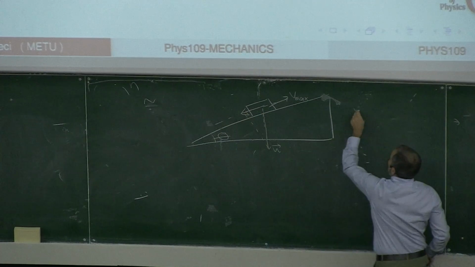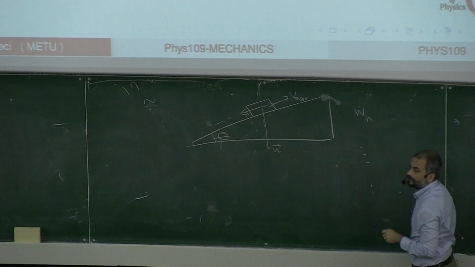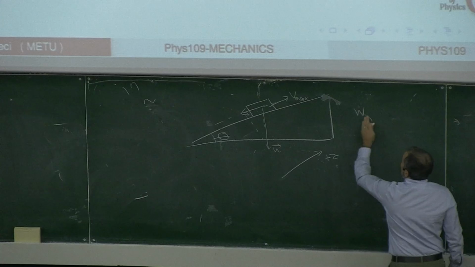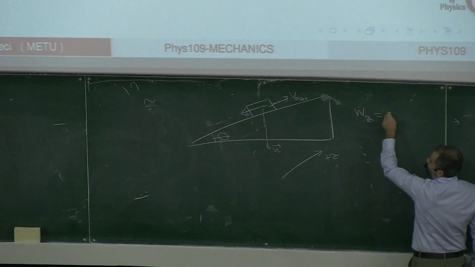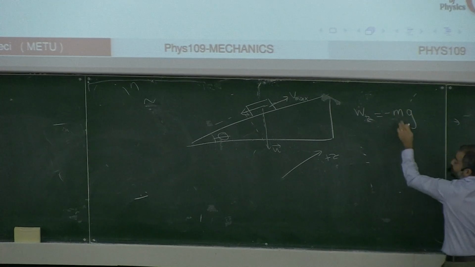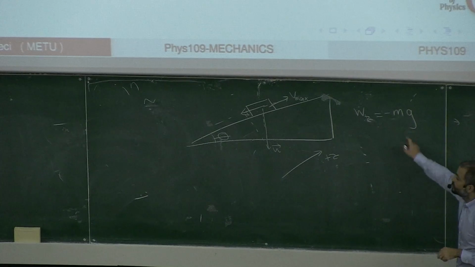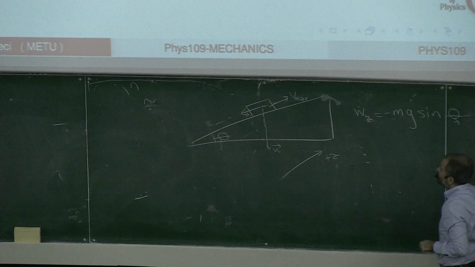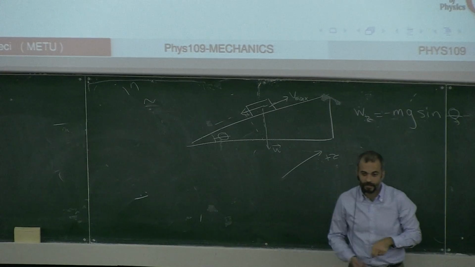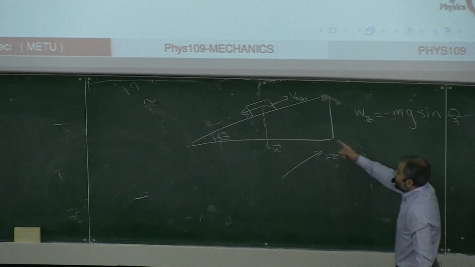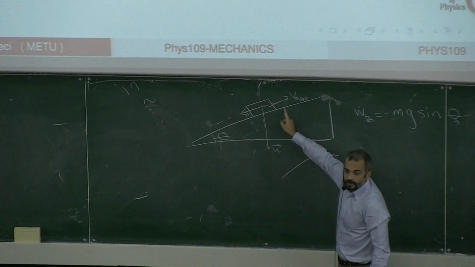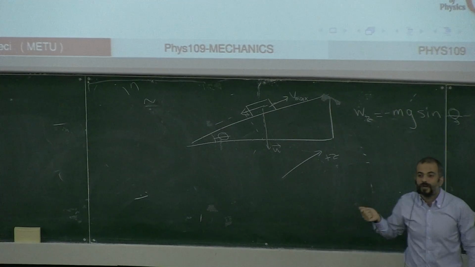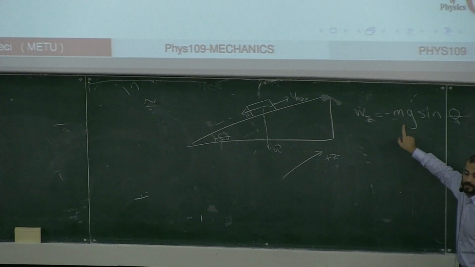The component of your weight along the hill, if you take this as your positive z direction, is equal to minus m times g, the weight of your object, times sine of that angle. If it is moving at constant velocity, constant speed, the engine of the car should provide a force which will balance this one.